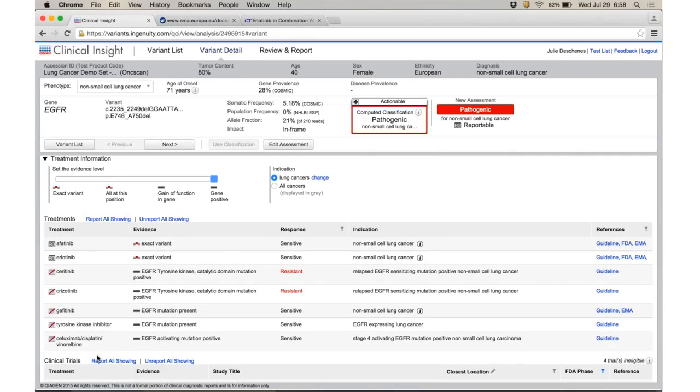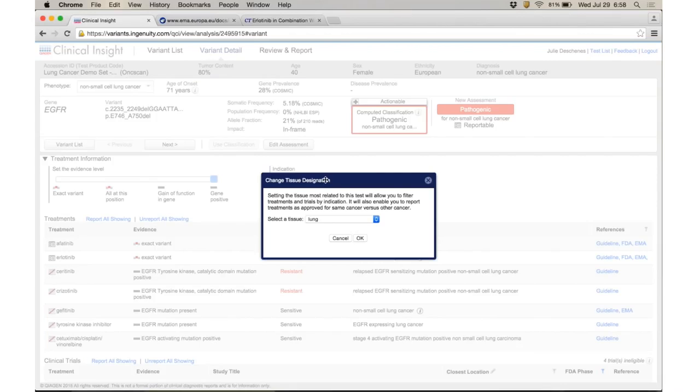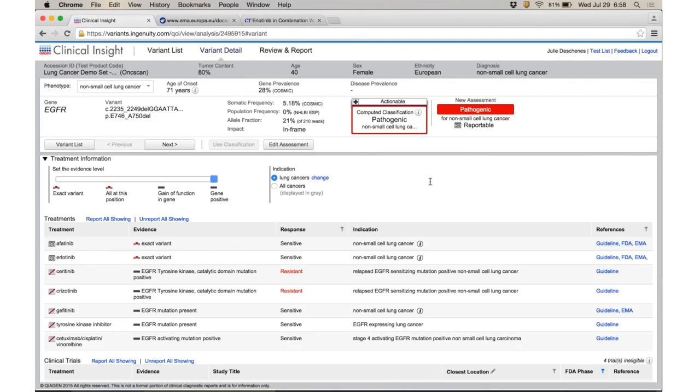You can even broaden your view for treatment and trial one more time by looking at not only lung cancer, but looking at any other indication in cancer or a different tissue. So you may want to look at the effect of the variation, for example, in a different tissue. You can simply change from lung to liver, for example, if you are trying to find a trial or treatment that is located in a different tissue.